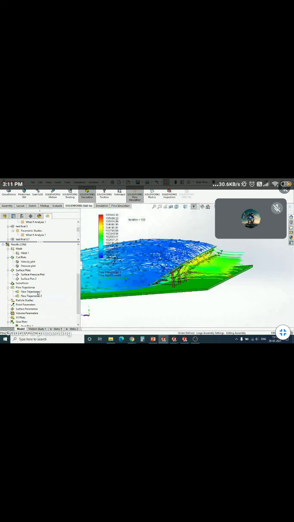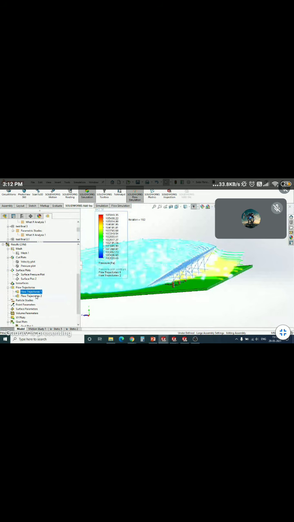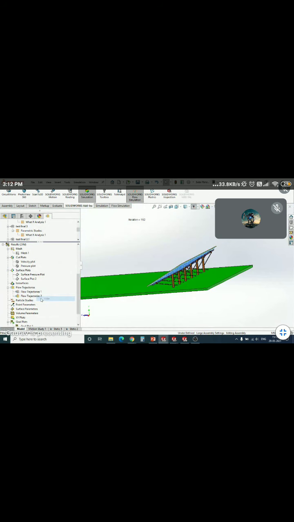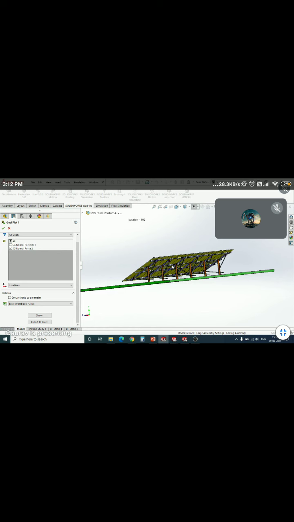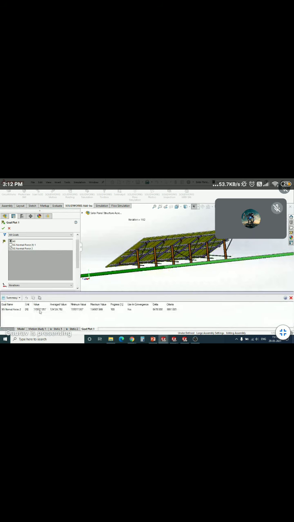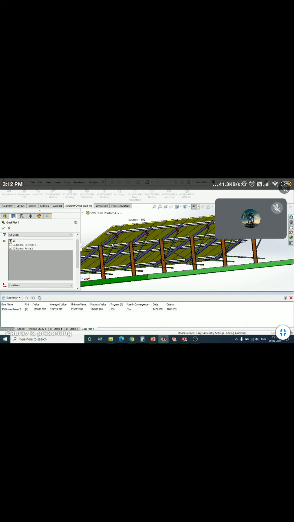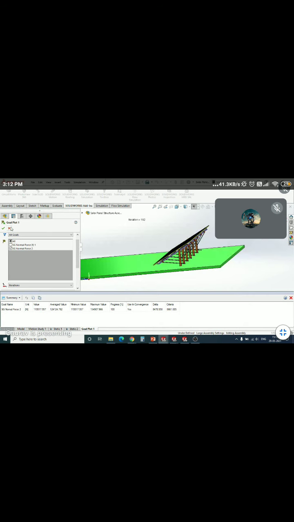And what is the outcome? The result I got here was how much pressure is getting built up at the back end of all the 32 panels I have applied here. I'm getting 1,15,500 Newton of pressure built up at the back end of the panel.